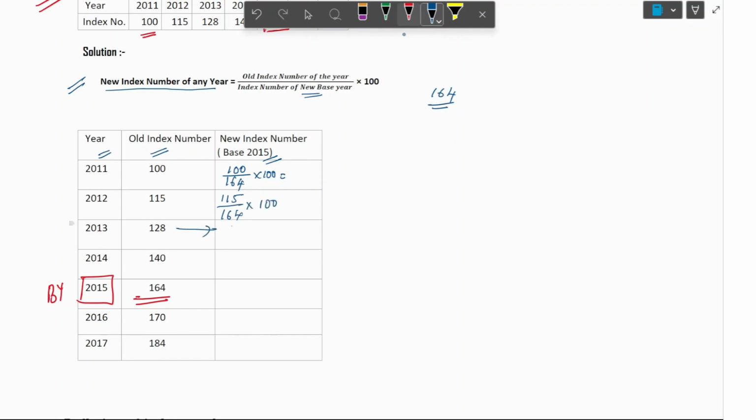Here, what will come? 128 divided by 164, sorry, not 168, 164, right? Right properly.